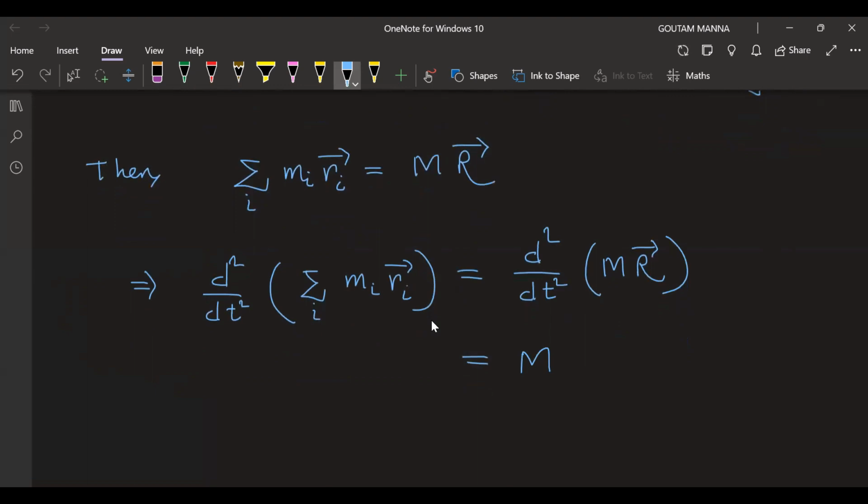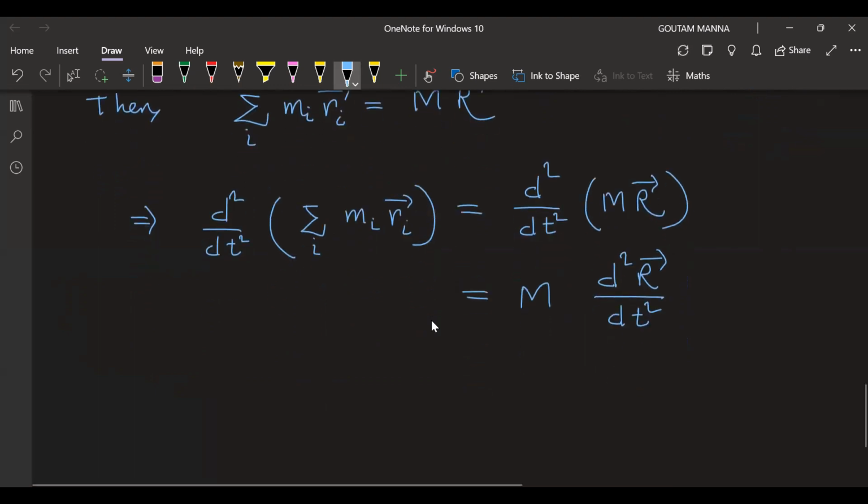We will assume that it's an inherent property of the system, I mean of the particles. Then M d2R/dt2. So this is basically the acceleration of the center of mass.